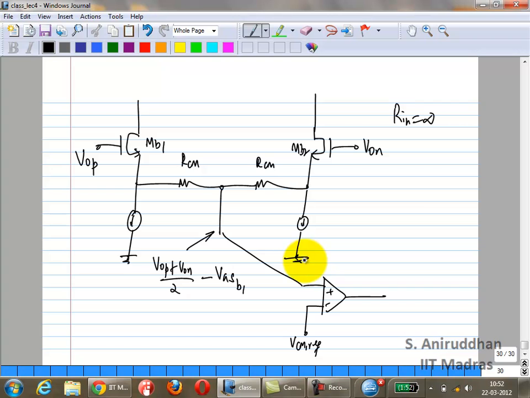The loop is going to try to set (VOP plus VON)/2 minus VGS-B1 equal to VCM ref. So (VOP plus VON)/2, that is your output common mode, will become equal to VCM ref plus VGS. And you know VGS depends on VT, it depends on mu, Cox, so it's definitely going to vary all over the place over process and temperature, right? You don't want that. So what do you do?